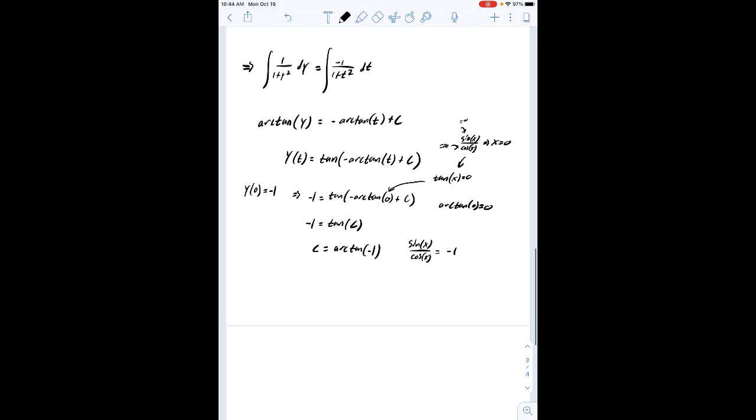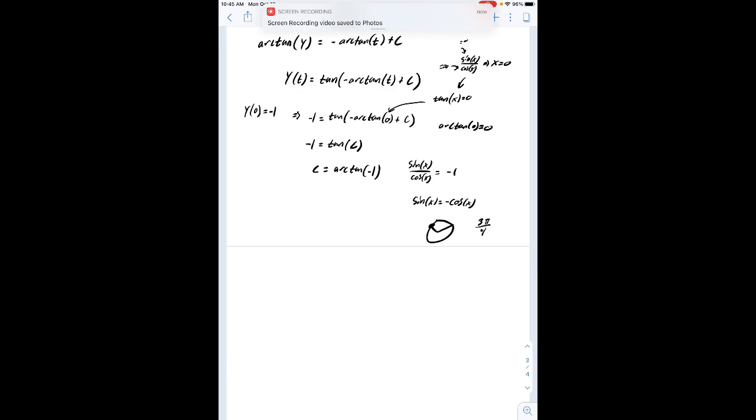So sine of x must equal negative cosine of x. So now if we remember our unit circle, that's going to be right here. They're both positive. Right here, there's a positive and a negative, so I'm going to choose this point right here, which is 3 pi over 4.